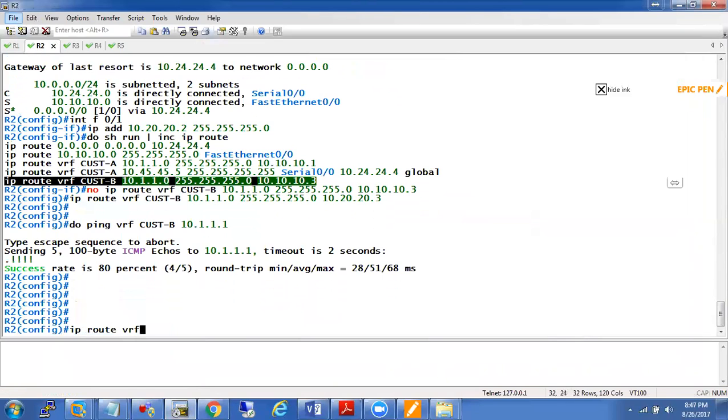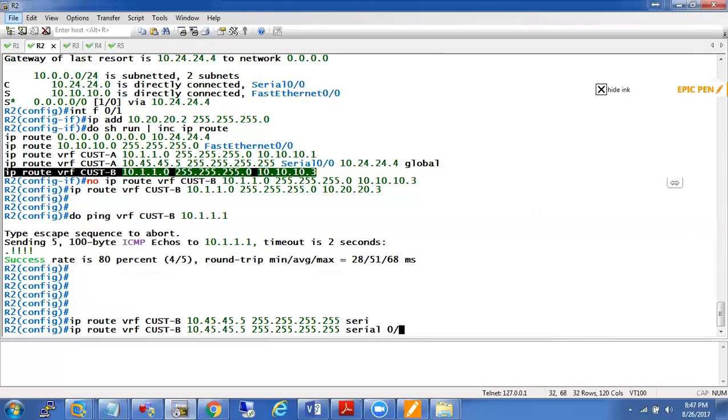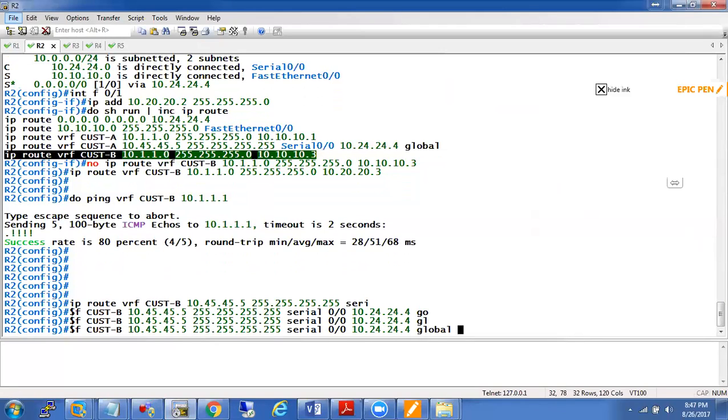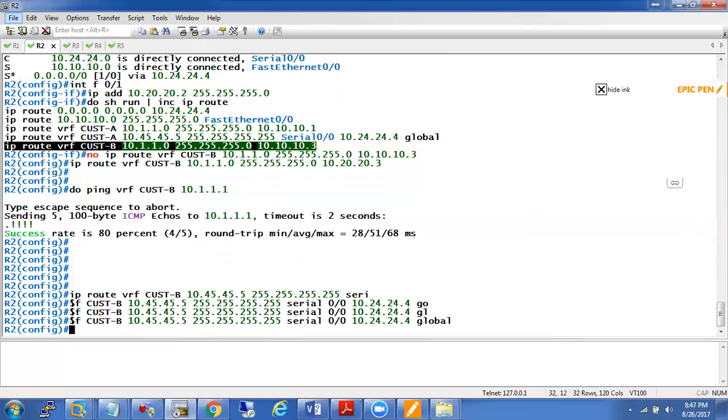IP route VRF cust B, serial 0/0, the global interface, the next hop, and the keyword global. Good.